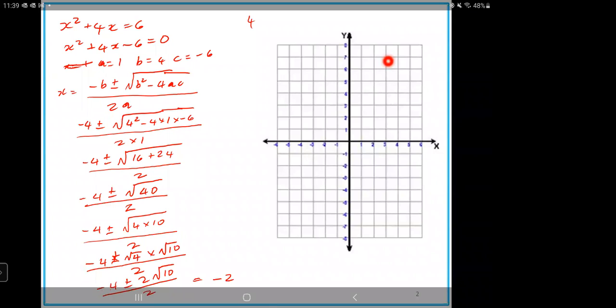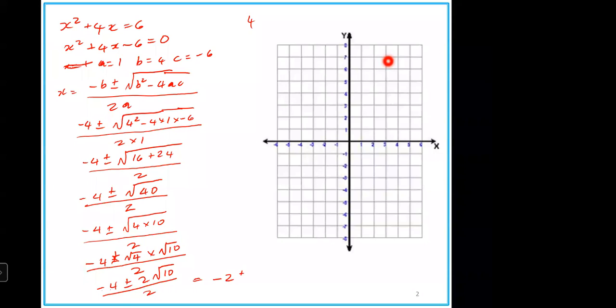So that's going to actually be plus or minus square root 10. Okay, so your two answers would be minus 2 plus square root 10 or minus 2 minus square root 10. And so those are your two possibilities for that one.